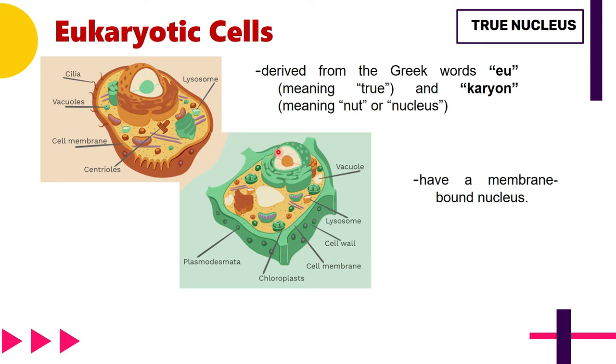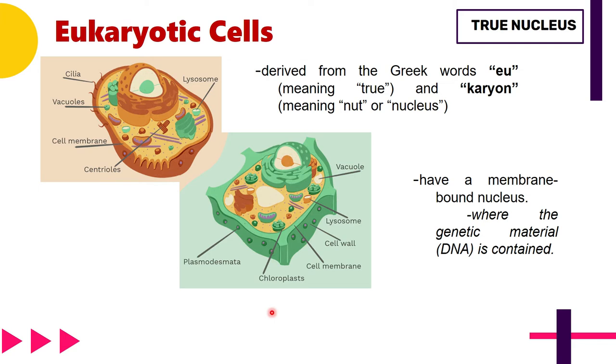So, the nucleus is surrounded or covered by a membrane called the nuclear envelope. And also, you have known in the previous module that the genetic material or DNA, so unsa gitong DNA? Do not forget that DNA stands for deoxyribonucleic acid. So the genetic material or DNA is contained in our membrane-bound nucleus.